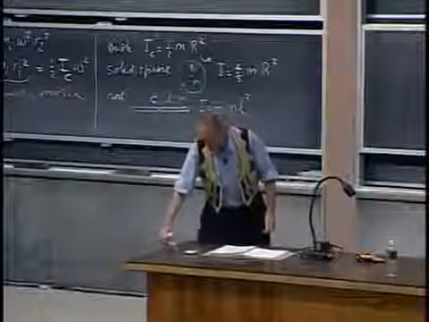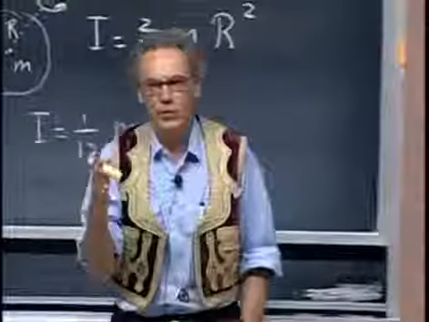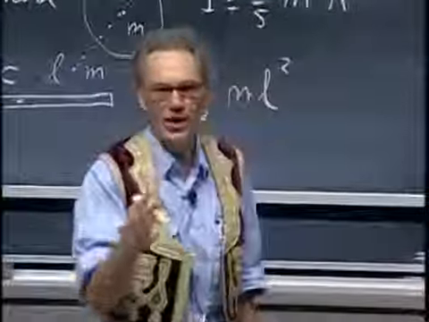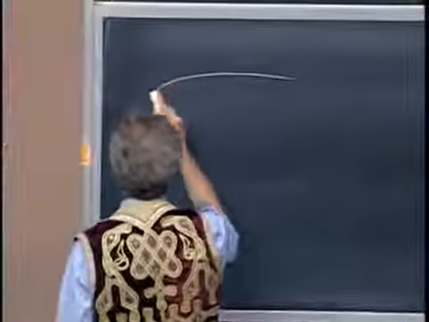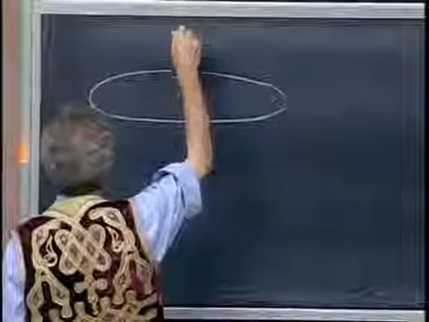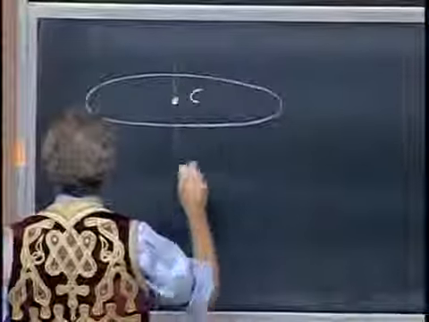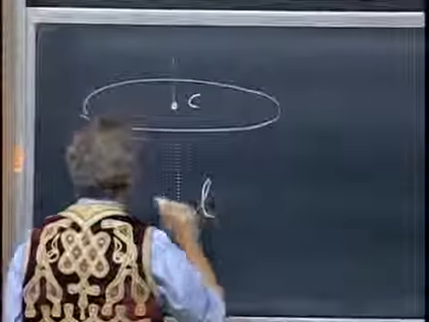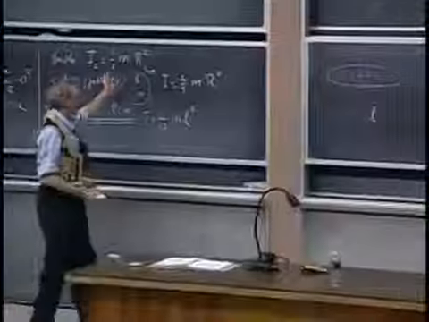And that is why I want to discuss with you two theorems which will help you to find moments of inertia in most cases. Suppose we have a rotating disk, and I will make you see the disk now with depth. So this is a disk, and we just discussed the rotation about the center of mass, and I call this axis L. And it was rotating like this, perpendicular to the disk.